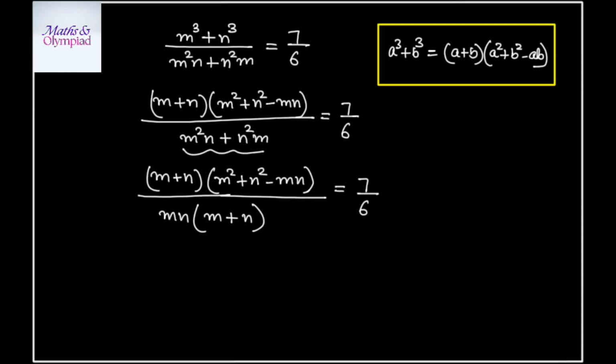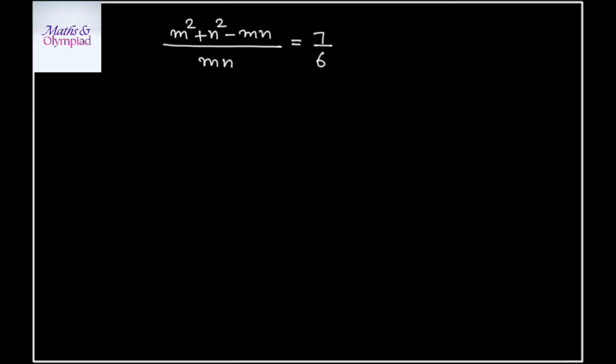Now m plus n will cancel out m plus n. So we are left with (m square plus n square minus mn) over m times n equal to 7 over 6. Now I will do the cross multiplication. So it will become 6m square plus 6n square minus 6mn equal to 7 times mn.